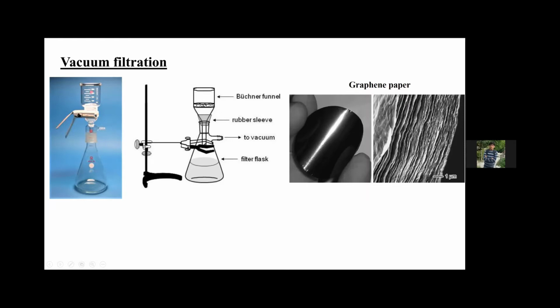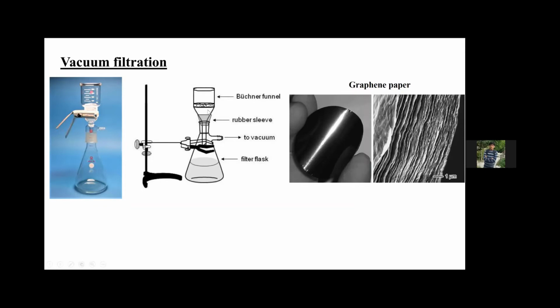Suppose we want to make graphene paper. What we will do, first we put a filter paper here, and separately we make a slurry or thin film solution of the graphene, with a thickness or desired size of your paper.